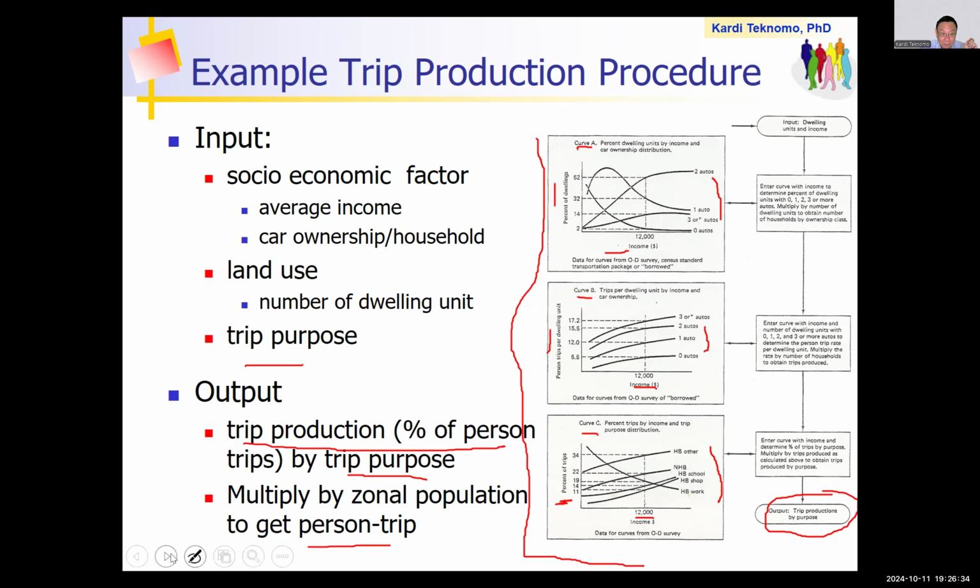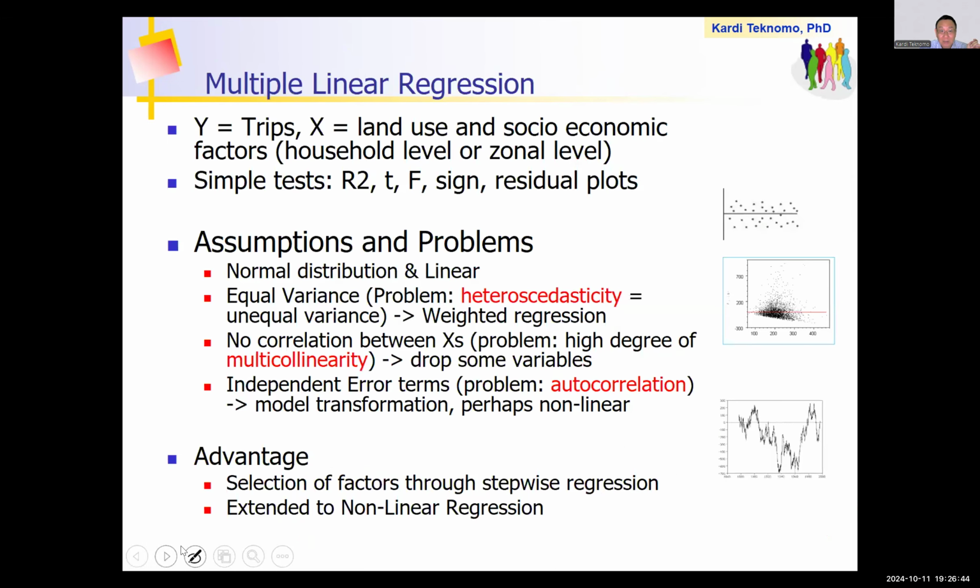So the best way is not using this table or this chart. This is a historical reason; I just tell this. The best way is actually to use the linear regression from a while ago. So remember, the output is the trips, person trips.